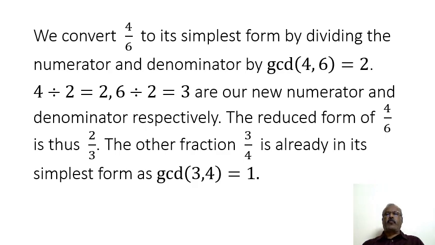The reduced form of 4 over 6 is thus 2 over 3. The other fraction 3 over 4 is already in its simplest form as GCD of 3 and 4 equals 1.